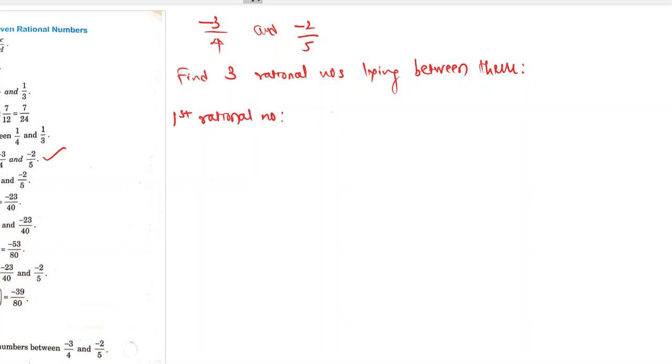It will be minus 3 by 4 plus minus 2 by 5, the whole upon 2. What they were doing in the example, they were multiplying with half. I'm dividing it by 2. It's the same thing, right? So what will it become? Now I'll take LCM of the denominators of the fractions in the numerator. So LCM of 4 and 5 is 20.